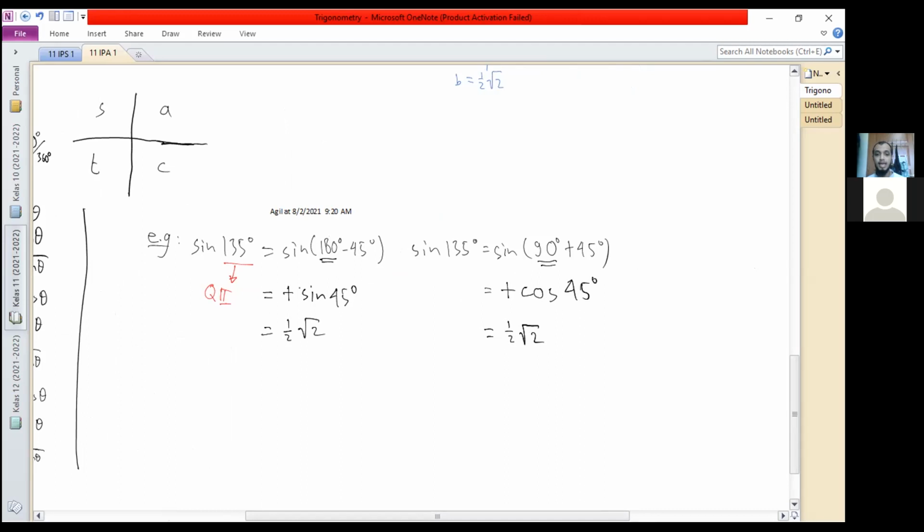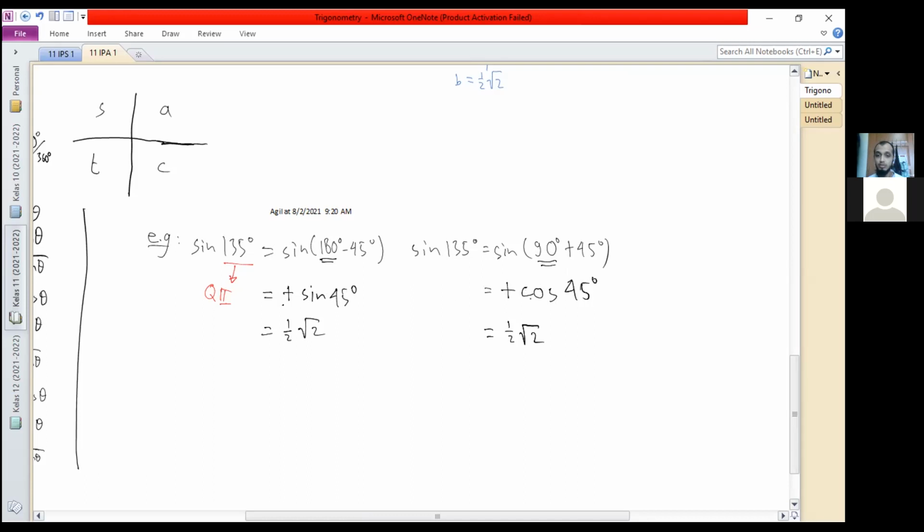Okay, so actually you don't need to write the sign because you don't put positive signs in front of the number usually, but in this case I encourage you to put the positive because sometimes if you are using this method you get confused when you change the function. So for example, sine of 135 degrees, you are using sine of 90 degrees plus 45 degrees, so you change it to cosine.